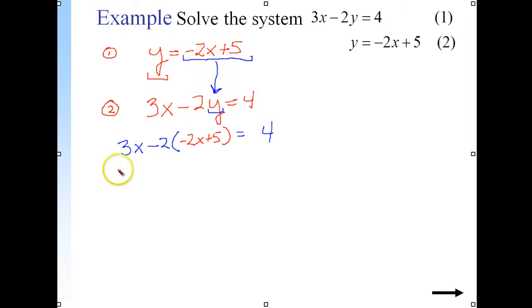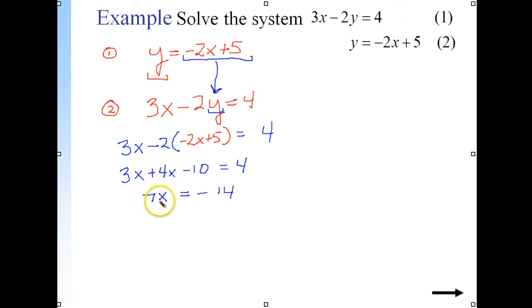And now I just multiply through. So we'll take this in steps. I'm going to multiply through now. 3x, a negative 2 times a negative 2 is a positive 4x. A negative 2 times a positive 5, a negative 10. I'm going to collect like terms.